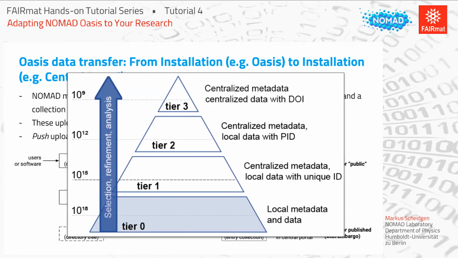This is why we logically divided the data into these tiers. Tier 0 would basically be data that's just too big to keep, and there are instruments that even have to throw away data once it reaches the sensor, and then they do some processing and have to decide, we can't store this because it's petabytes and stuff like this, right? So you have this tier of local data that you will never want to share, and then we go to tier 1, where you start thinking about sharing, assigning unique IDs, and want to manage the data in something like the NOMAD Oasis.